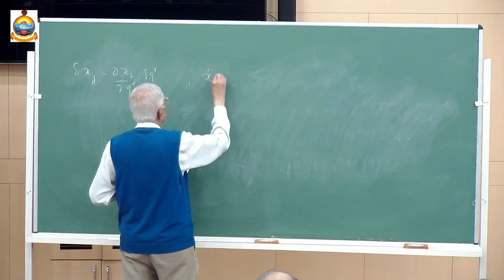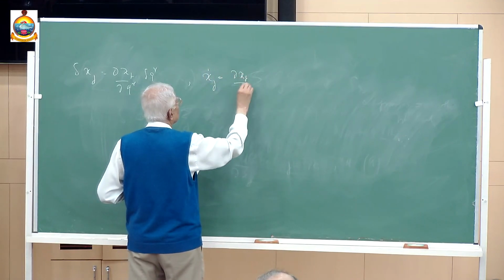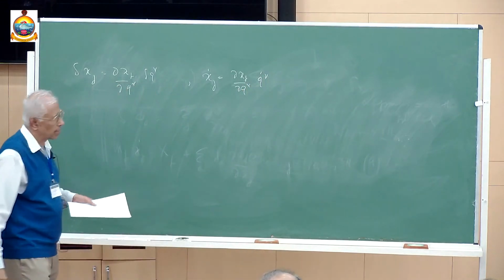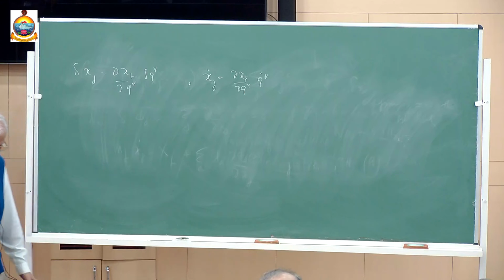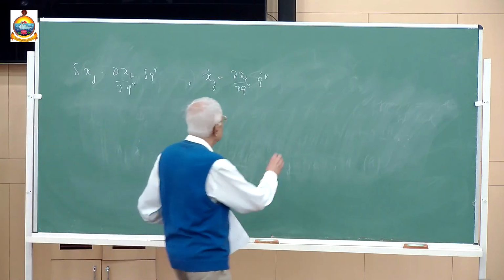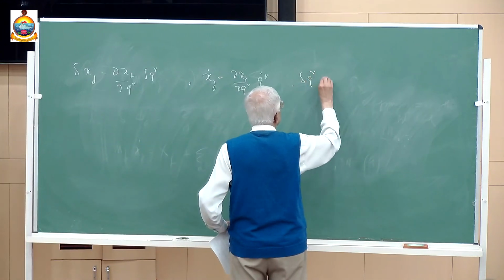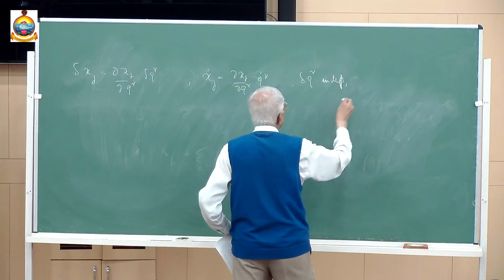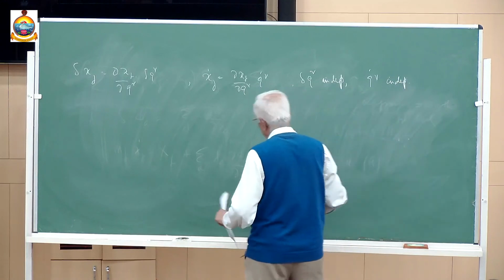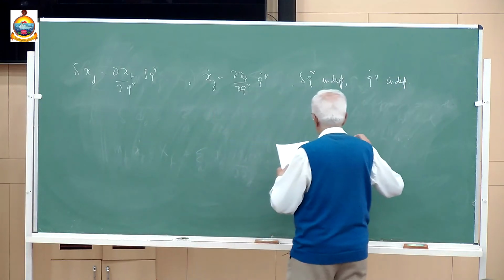Then the velocities, Cartesian velocities, are determined by q dot. What is q dot? Q is a generalized coordinate, q dot is a generalized velocity. And here you can say these are independent, and the generalized velocities are also independent.